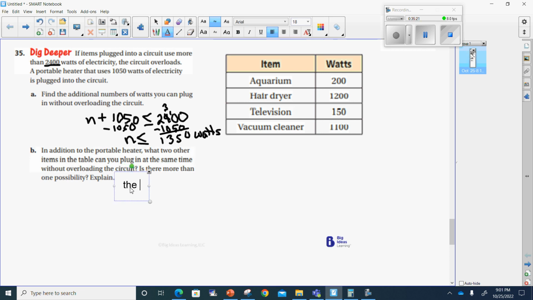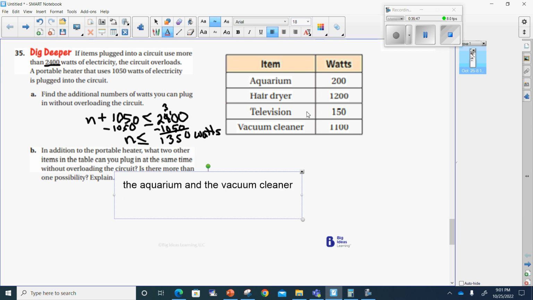The aquarium and the vacuum cleaner. All right. Let's see what else here. Oh, I'm sorry, this is vacuum cleaner. Okay, that's one set.